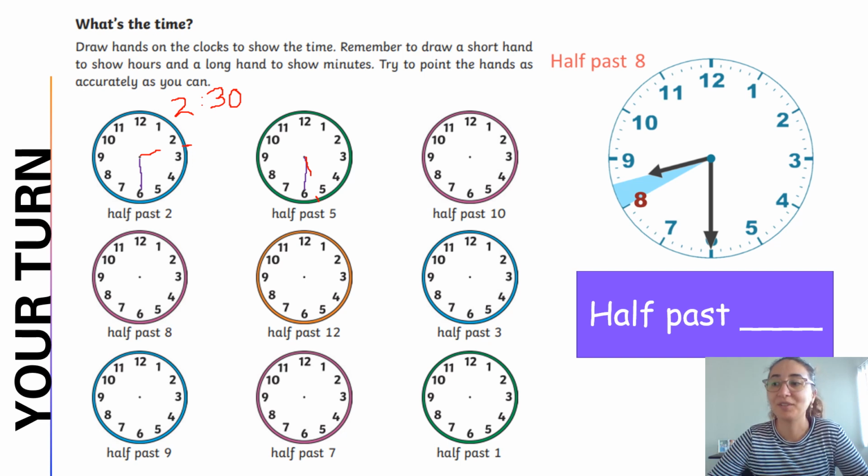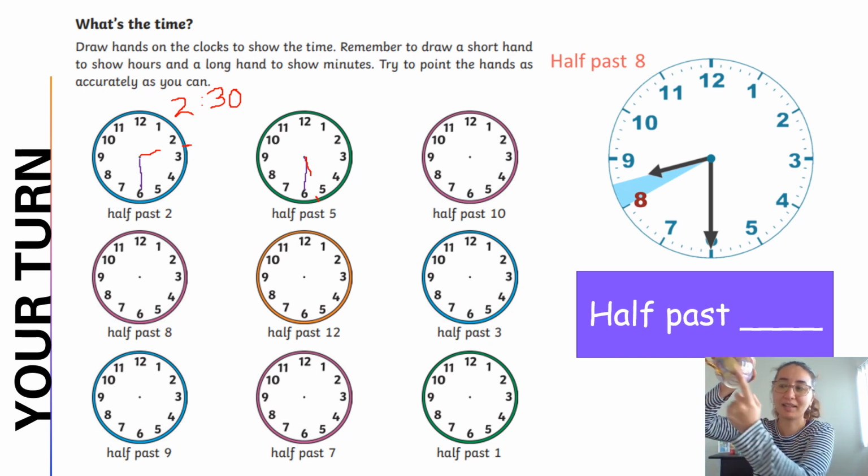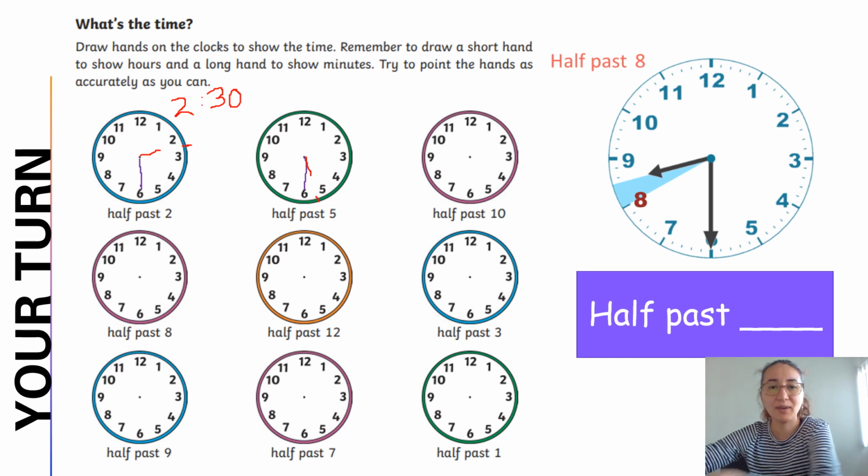If you want, you can even get a cup. So grab a cup, get the bottom of the cup, put it on a piece of paper, and when you trace it, you can make your own clocks. So if I traced my cup, I'd make a circle, just like this. There you go. So you could make a circle like that. I don't know if you can see my page.